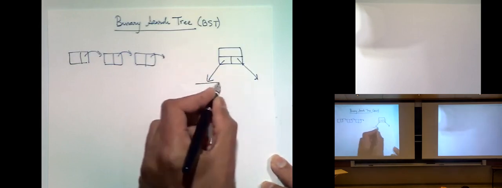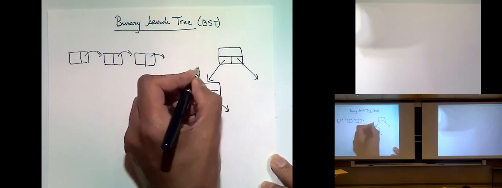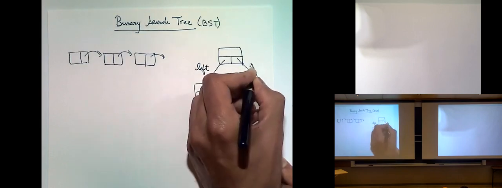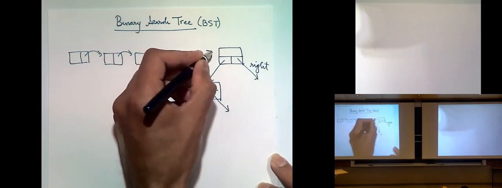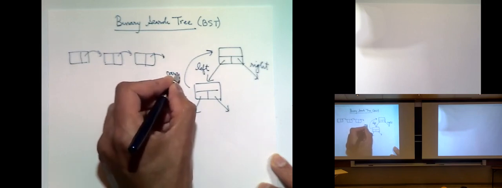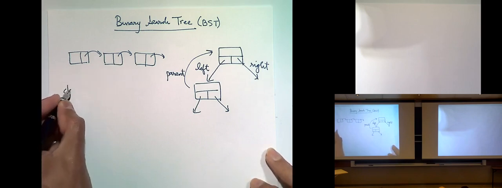So your nodes are more complicated, usually referred to as left and right. So you have children, and often you also have a parent pointer. Right? So raise your hand if you've seen a binary search tree before. Okay, so most of you have. So this is probably not news, but I'll just write this down.